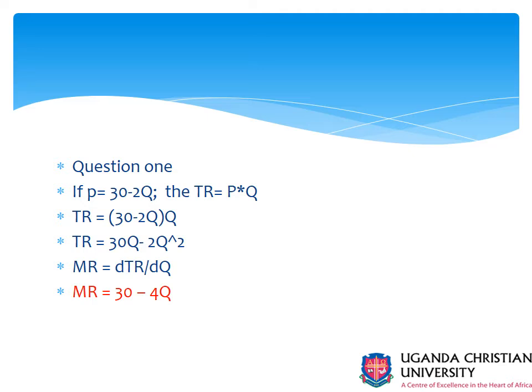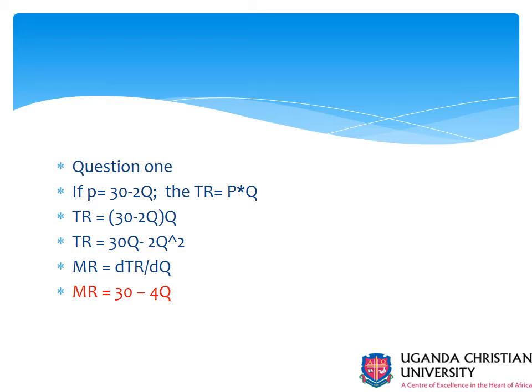Now these are our total revenues. So for us to get the marginal revenue function, we have to differentiate total revenue with respect to output. So this is what I did, and then I got 30 minus 4Q. Of course, to differentiate total revenues, I had to apply the rules of differentiation that we looked at in our previous classes.